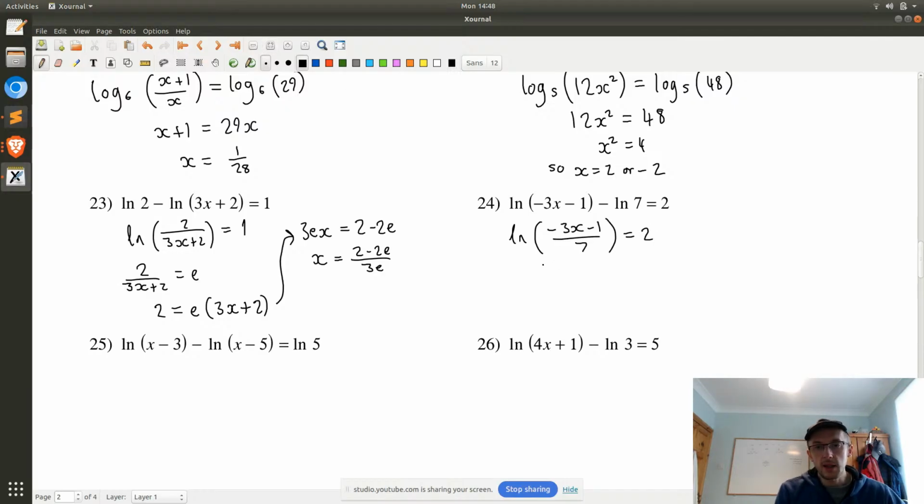E to the both sides now, so e squared on the right, then bring that 7 up, so minus 3x take 1 equals 7e squared. Add the 1 and divide by negative 3. 7e squared add 1 divided by negative 3. Right, now to check.